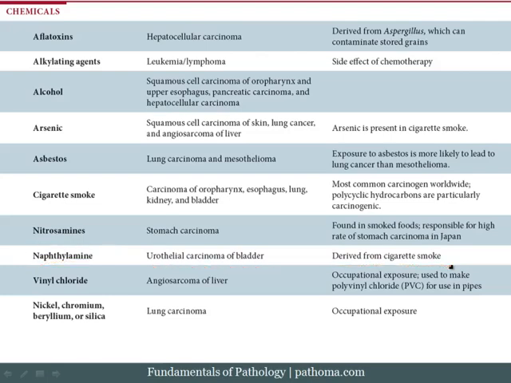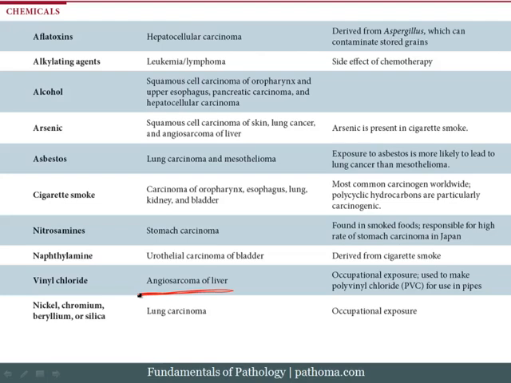Vinyl chloride is associated with angiosarcoma of the liver. This is important because it was an important epidemiological study that determined this association. Basically, there were a group of workers exposed to vinyl chloride, and a large number of them developed angiosarcoma of the liver. That occupational exposure was well studied, and so it makes for a high yield question. In particular, those workers were using vinyl chloride, which is one of the substances used to make pipes.